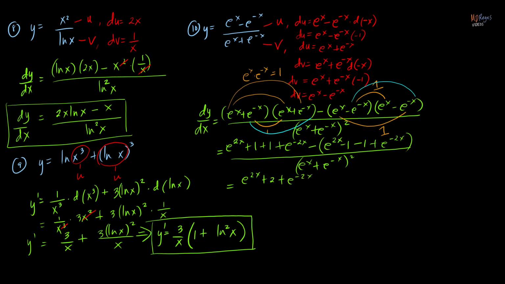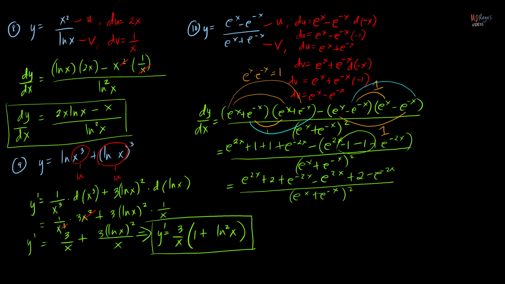Now, I will remove the remaining grouping symbols in the numerator. I have minus e to the 2x, minus negative 2. When you remove the grouping symbol, it becomes plus 2. So, minus e to the negative 2x all over e to the x plus e to the negative x quantity squared.